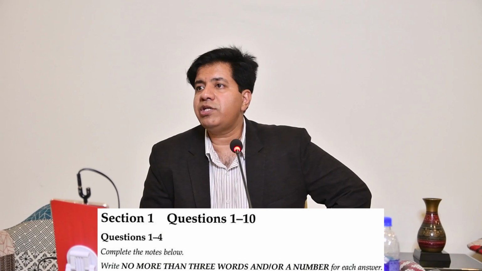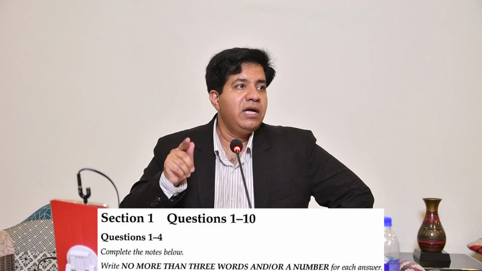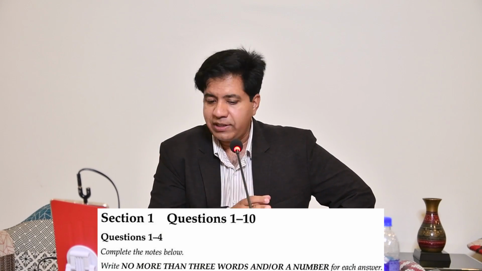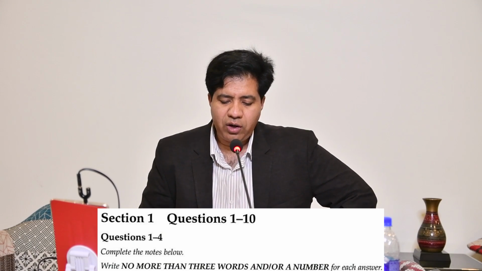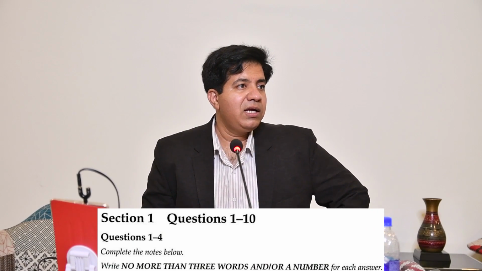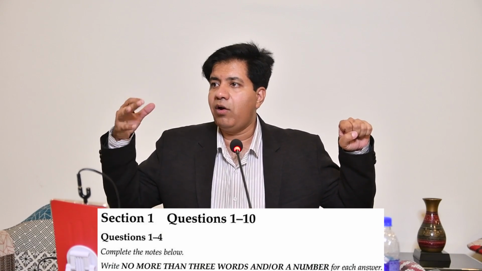So it means the question type is notes completion. After this, we have another sentence. That sentence will give you instructions for this question type. Write no more than 3 words and or a number for each answer. All clear? No more than 3 words and or a number.